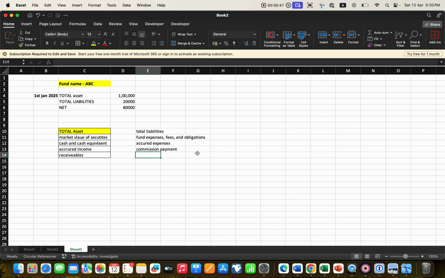Commission payment, asset management fee, foreign payments, and statutory dues.